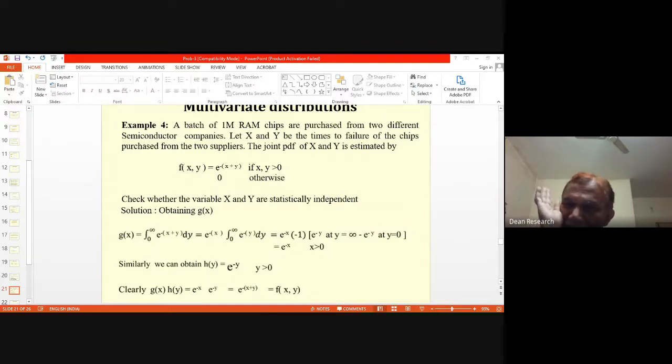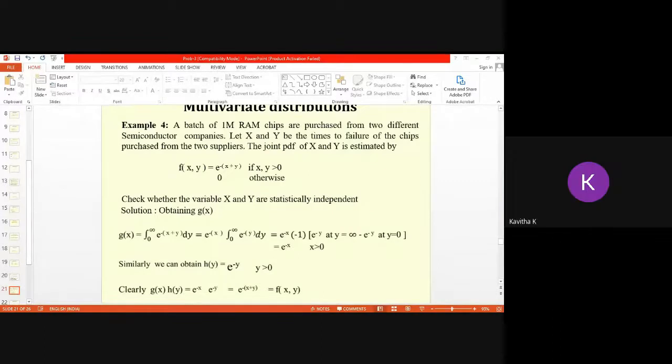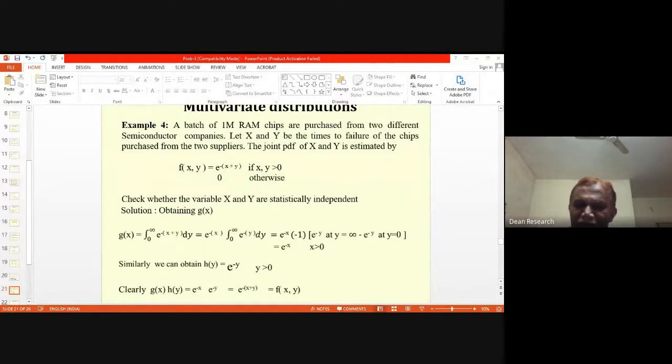Am I right? Kavita? Yes, sir. You should get g of x and h of y from the given f of x comma y. Get the product of g of x and h of y. If the product comes to f of x comma y, job is done. Okay? Simple, not difficult.